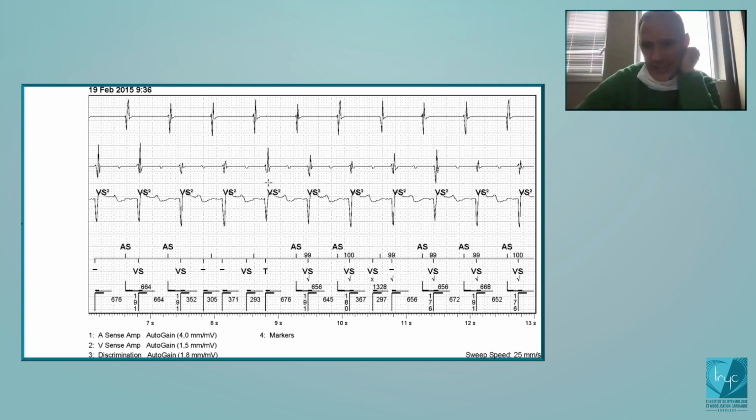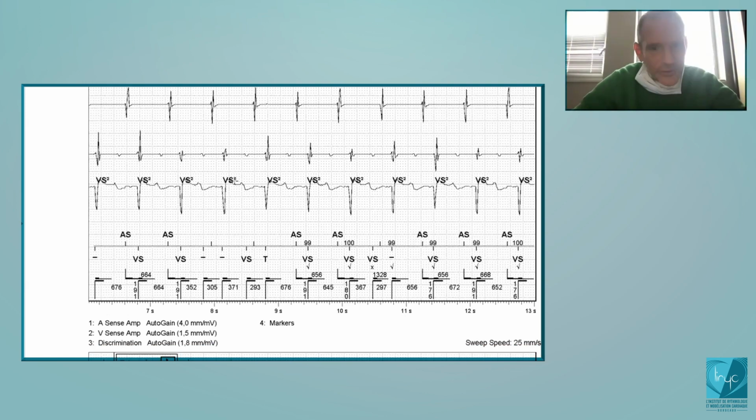And you can imagine, for example, let's consider in this case, you see, in the discrimination channel, there is no T-wave oversensing. You know that to see T-wave oversensing, you need very specific conditions in terms of R wave and T waves.